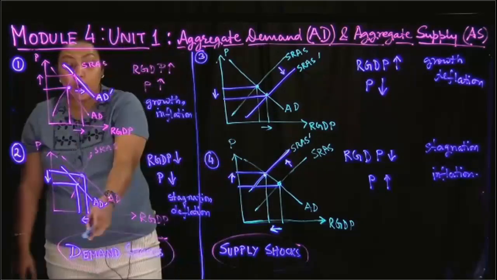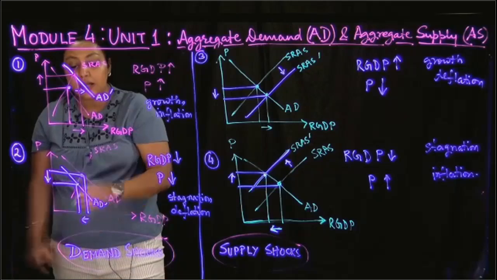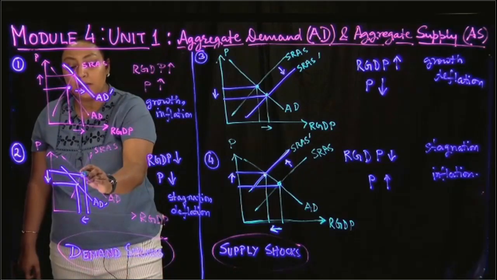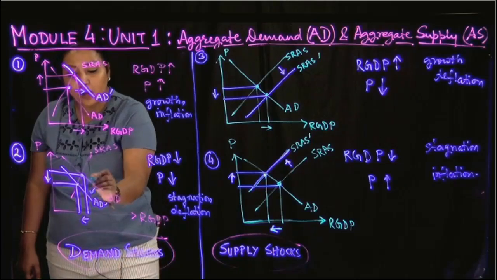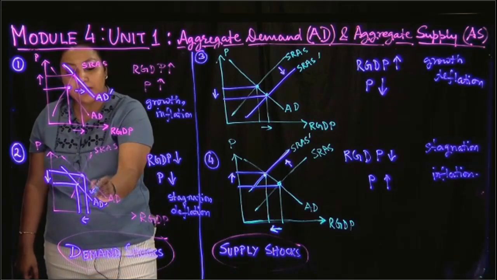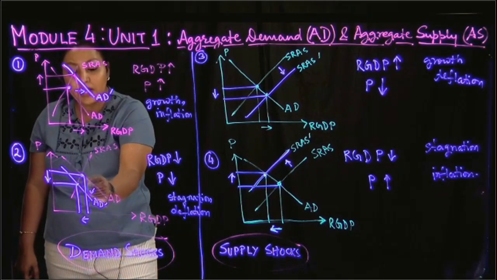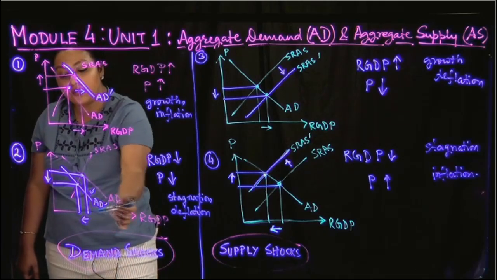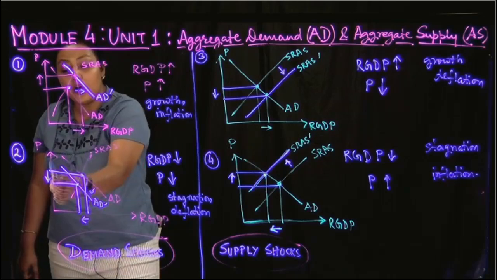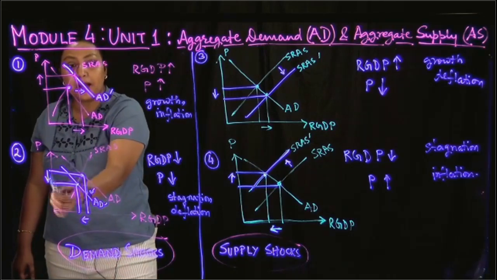Okay. Now let's go on to the negative demand shock. The same thing. Let's say the economy is at this point originally, and if there is a negative demand shock such that the demand curve shifts left to something like AD dash, then the economy would experience a decrease in real GDP along with a decrease in the price index.